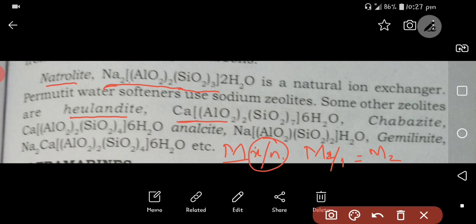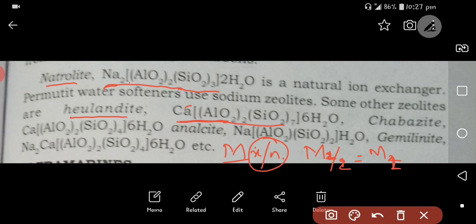The metal is M x/n. x means the number of AlO2, so here the number of AlO2 is 2. Then you know that calcium has a charge of 2+, so n also becomes 2. So this becomes M1, that is calcium. This is the formula for the general compounds and also for the particular examples of zeolites.